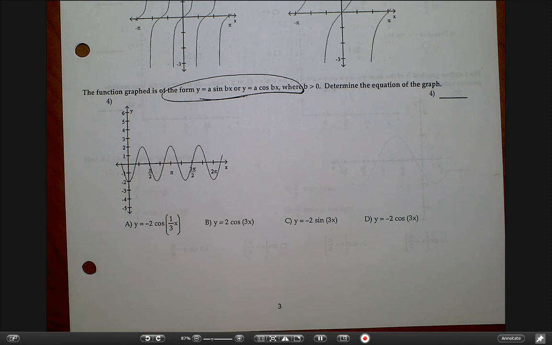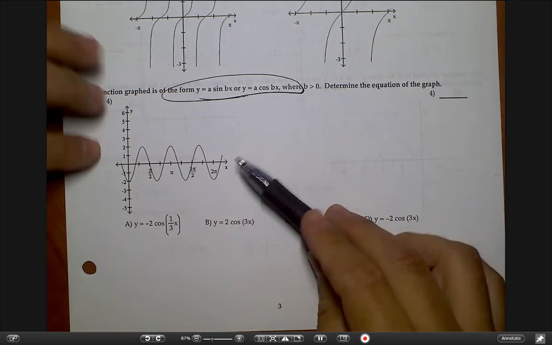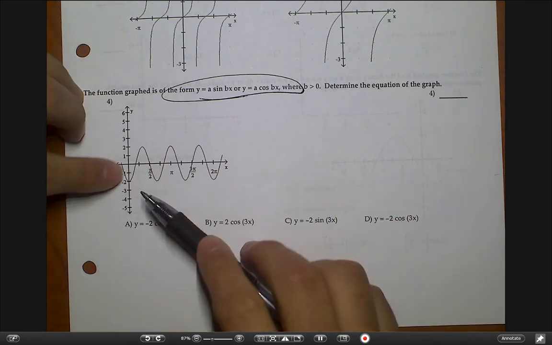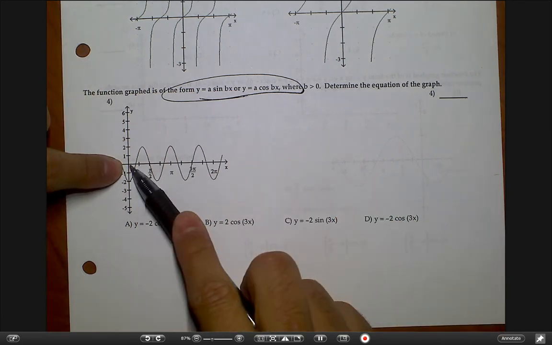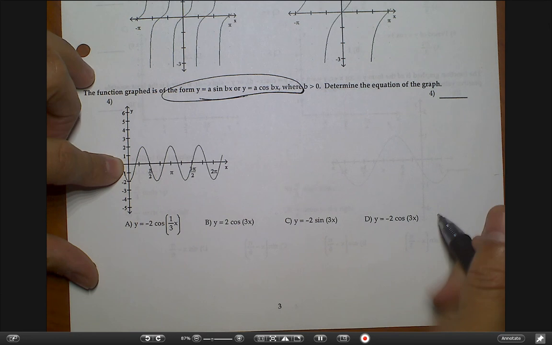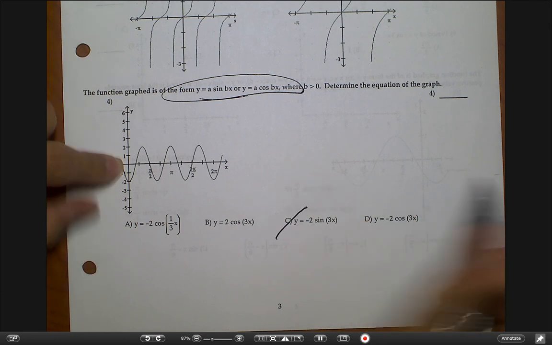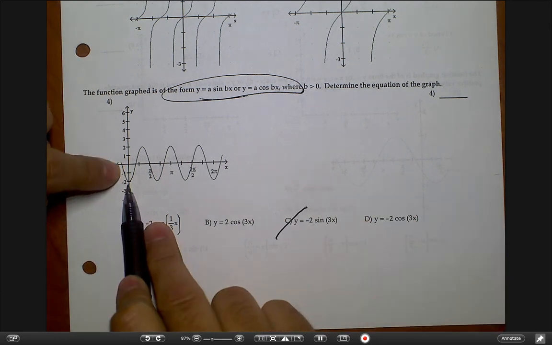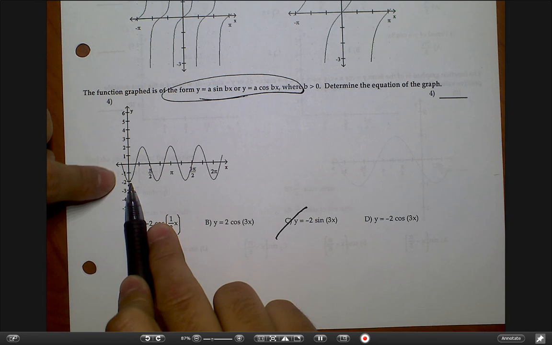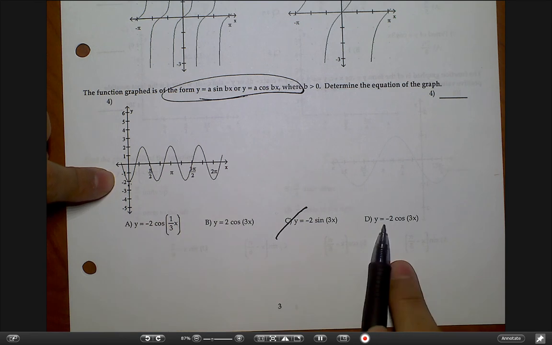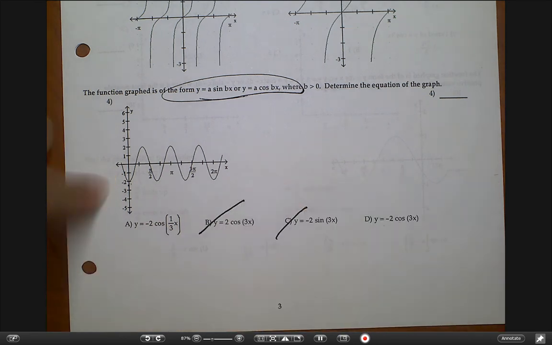So, now, let's take a look over here. Since this is not starting at 0, it's not going to be sine. So let's get rid of my sine. It starts at the amplitude. So the amplitude is negative 2. It could be this one, so let's get rid of that one.